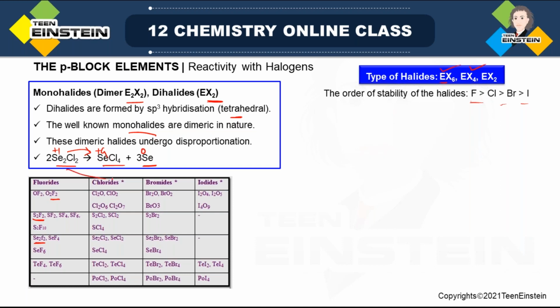And when it has gained electrons, it is converted to the 0 oxidation state. So this is reduction, and the first conversion, Se2Cl2 to SeCl4, is oxidation. So this reaction is disproportionation, and for the dimeric halides there is a tendency for disproportionation. Fine.